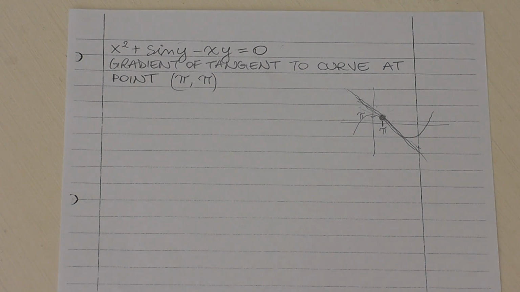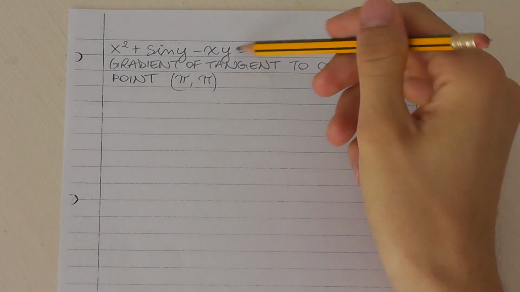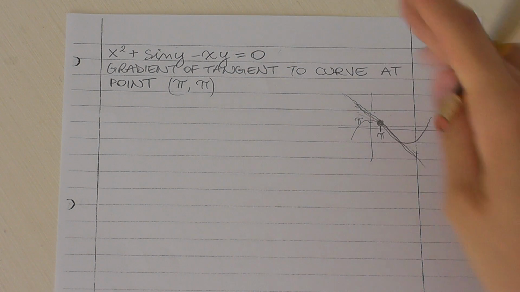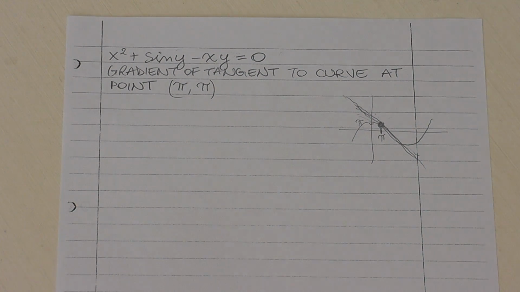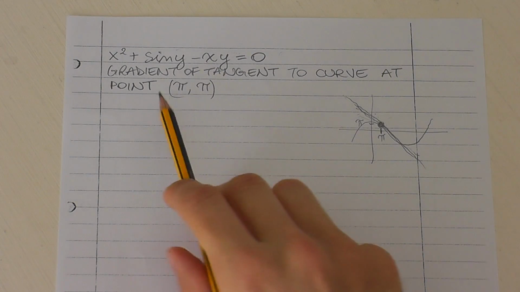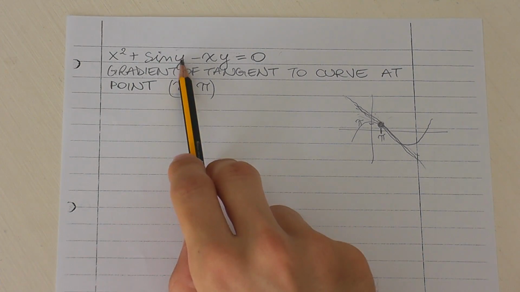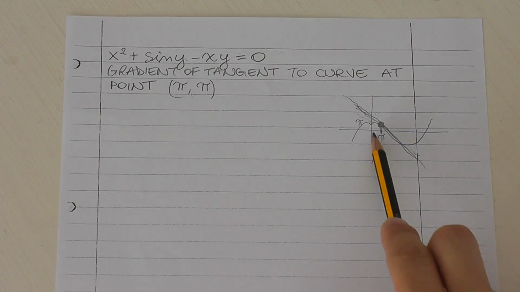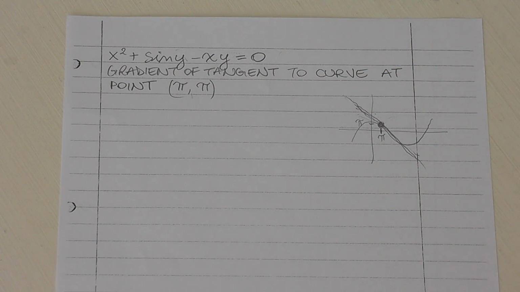Now that is a hint to us, because it means that all we need to do is find the gradient function of this curve, which we're going to do by differentiating it implicitly, obviously, because the y's are within the x's. And then when you plug this point into the gradient function, you're going to get the gradient of this curve at this point, which is going to be equivalent to the gradient of the tangent.